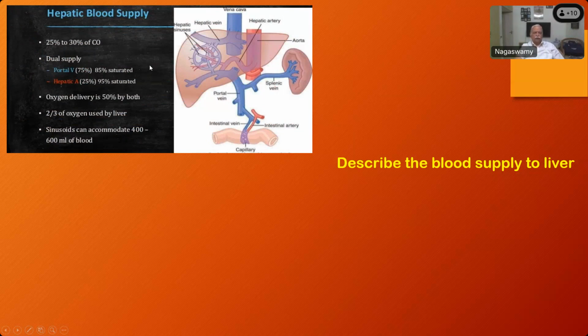Only in cases of severe ischemia, blood will stay for a longer time and more oxygen will be extracted. If your venous blood has only a 60% saturation, it indicates that the tissues are totally ischemic and they are taking more oxygen from the capillary blood that is available.